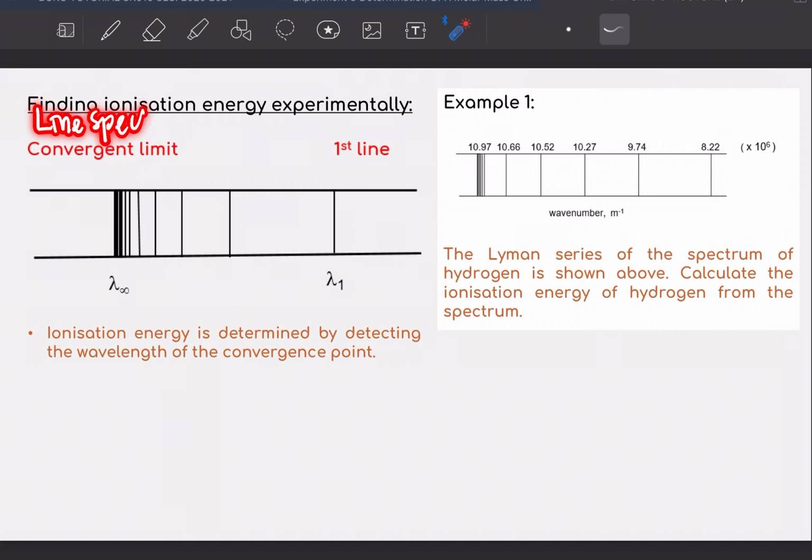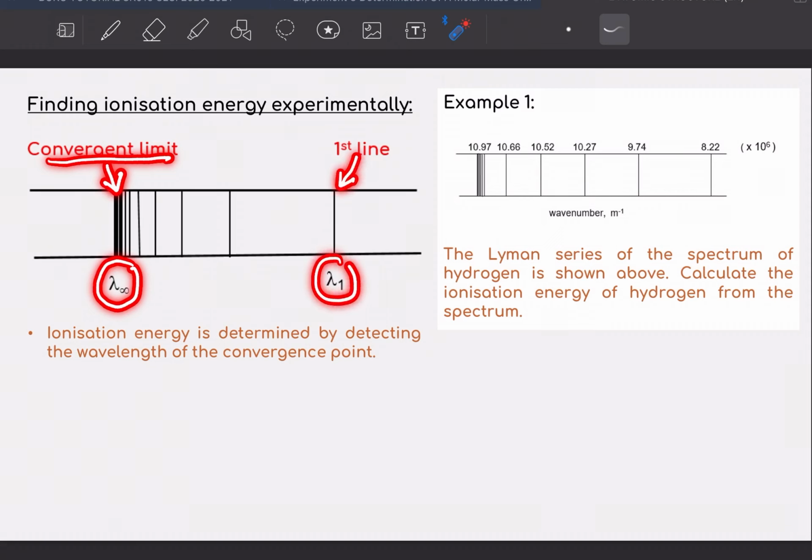Okay, when you are given a line spectrum, you can find the lambda infinity. So lambda infinity is the wavelength at the convergence limit right here. Okay, so bila awak punya electron tu kena remove lah. Okay, so we know this is the first line, yang paling jauh. So don't take this value, but take this value, the one at the convergent limit.